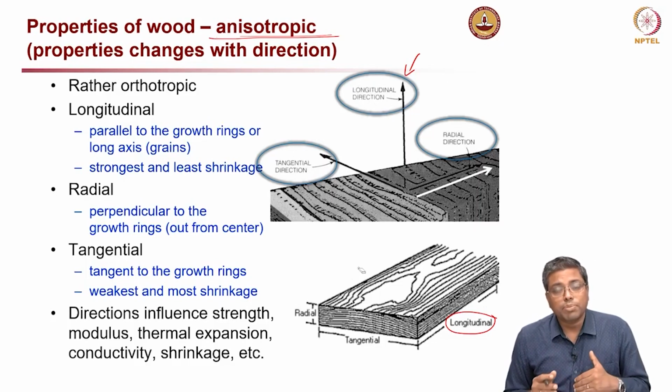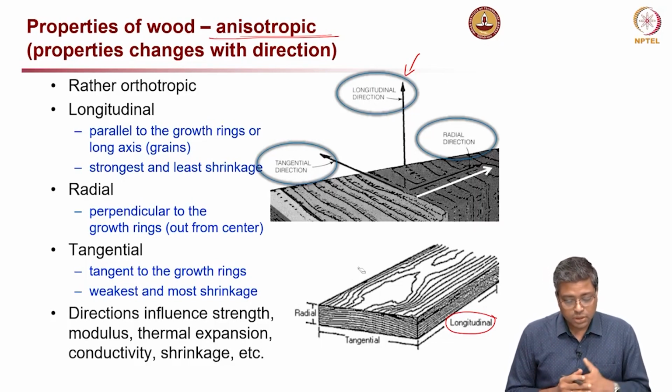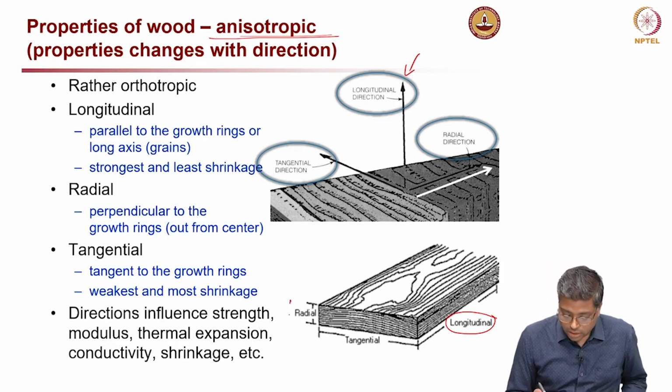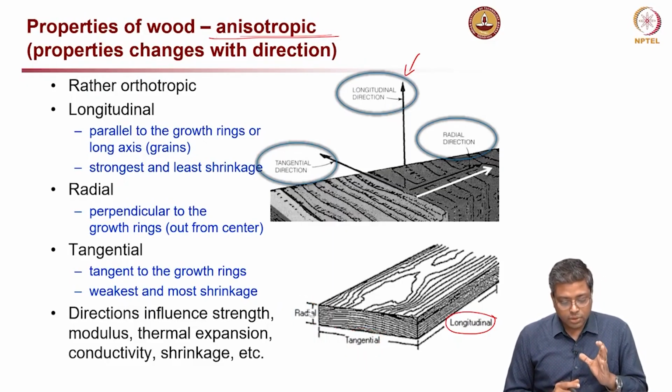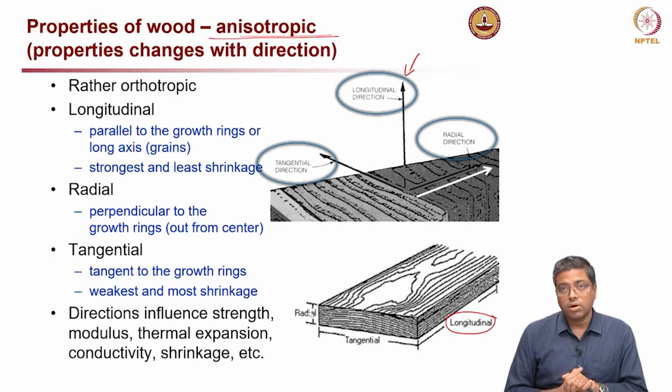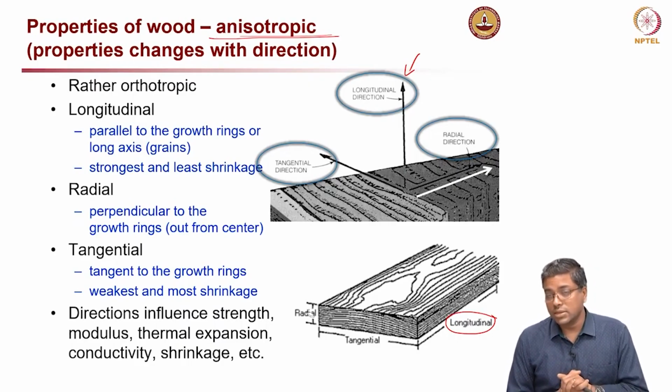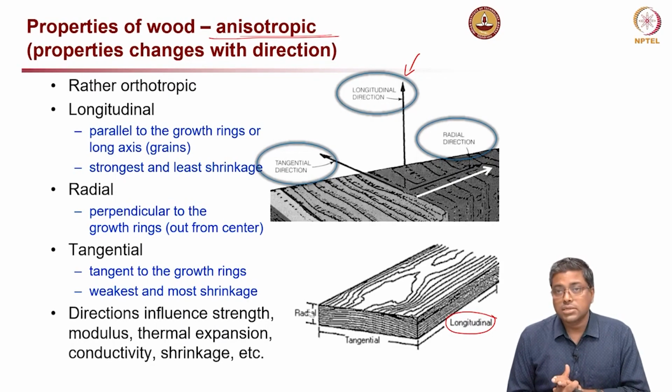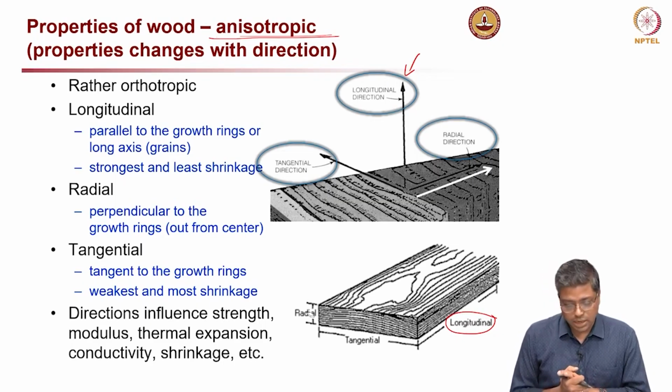Now, if you look at the perpendicular direction, either radial or tangential, the strength is weak in that direction, and shrinkage happens mostly in these directions.